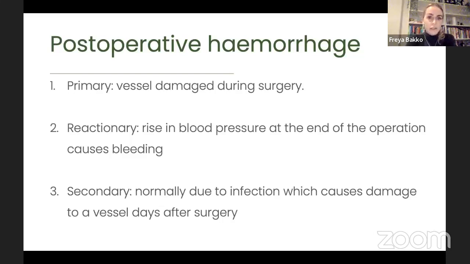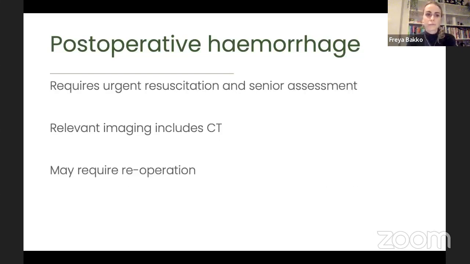Then we have secondary post-operative hemorrhage. This is usually due to either collections or infections that cause damage to nearby structures that cause bleeding, and this is often several days after surgery. Post-operative hemorrhage is a very high risk complication and requires urgent resuscitation, identification, and senior alertness.